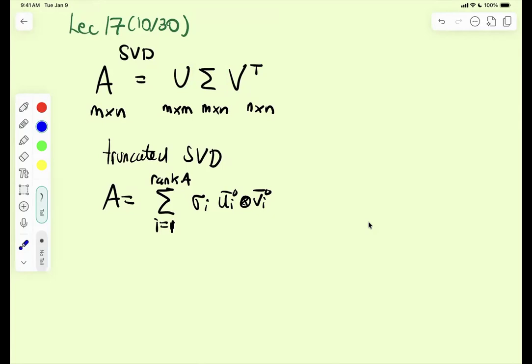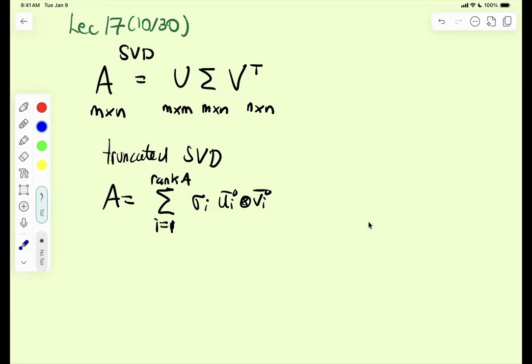But if you notice, the tensor product decomposition tells you that of the eigenvectors, the ones that only really matter are the ones associated to the non-zero singular values, right? And so the truncated version basically just does that. It just keeps those eigenvectors that are related to the non-zero singular values.